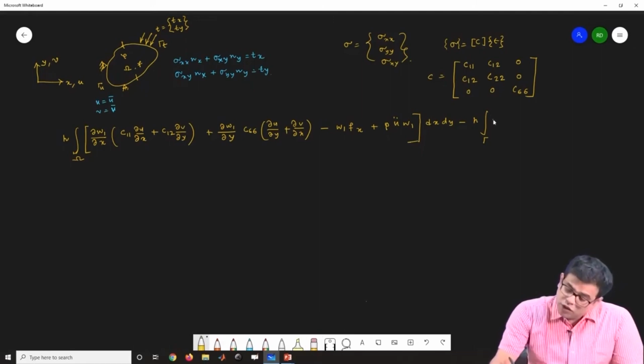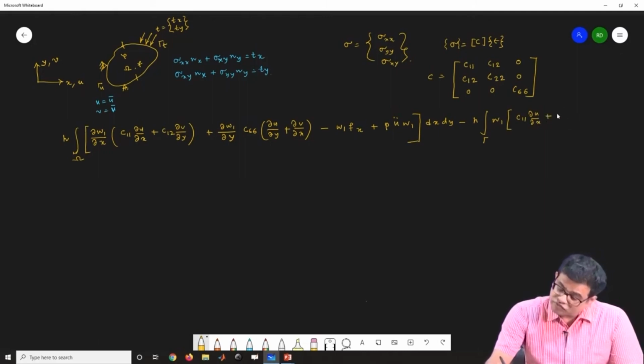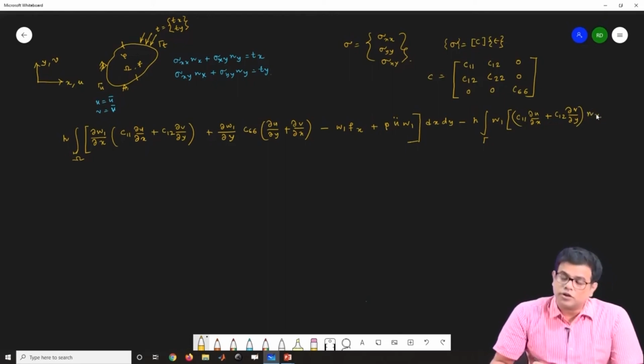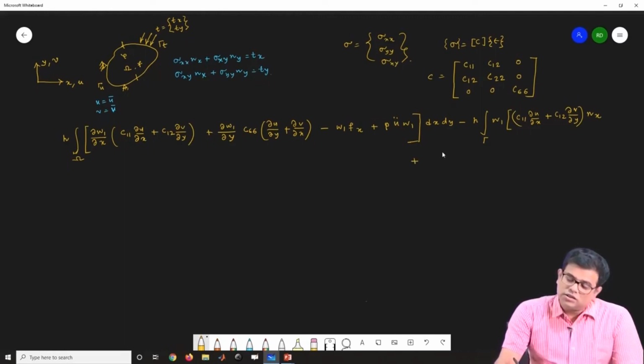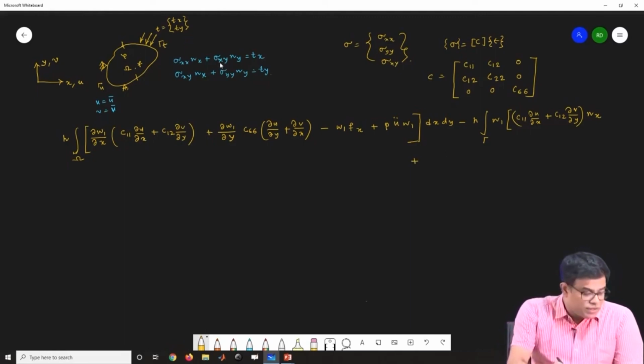So w1 is multiplied, and then you have your c11 del u del x plus c12 del v del y multiplied by your nx. So that is your first term for the boundary, and then again this sigma xy term will be there.